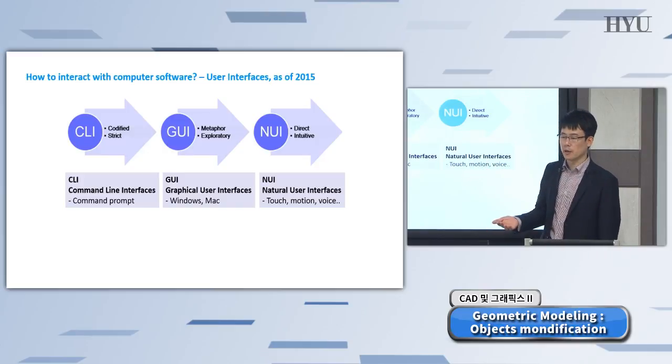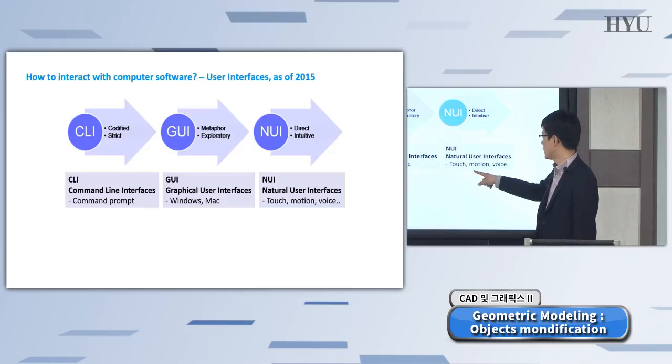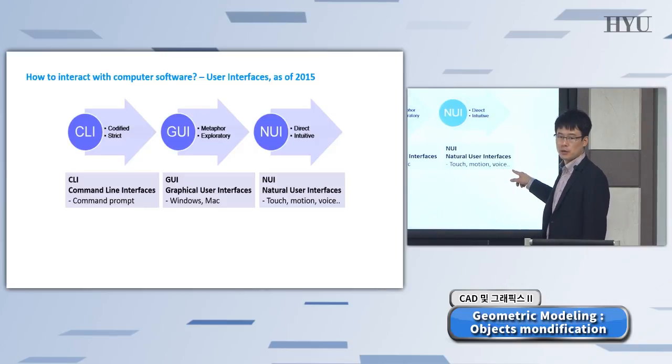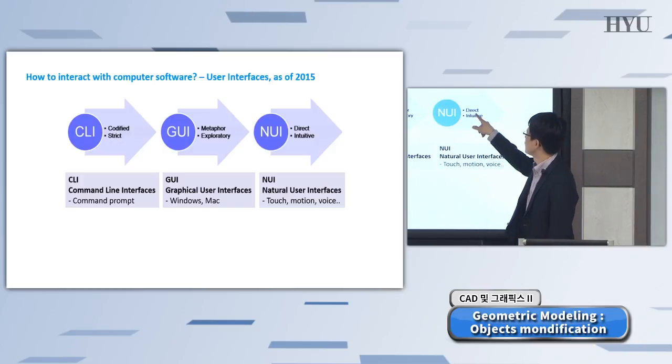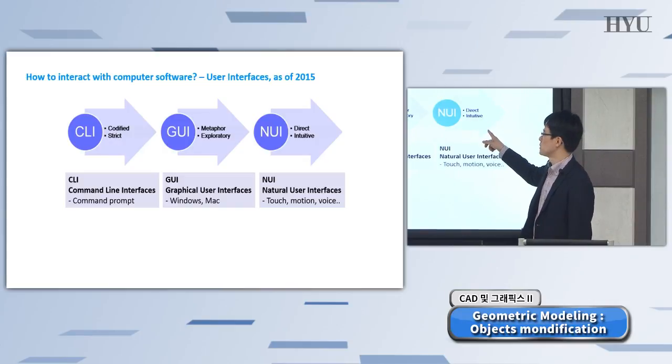Your smartphone has sensors to detect motion and your voice, and learns about you, your search keywords, your preferences, and so on. This is the so-called NUI, which has a direct and intuitive interface.